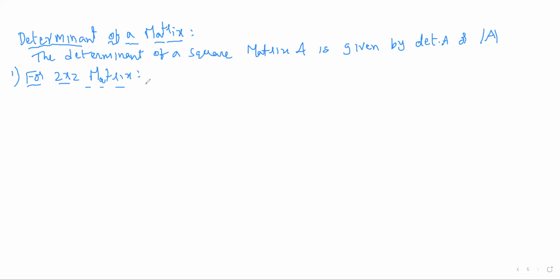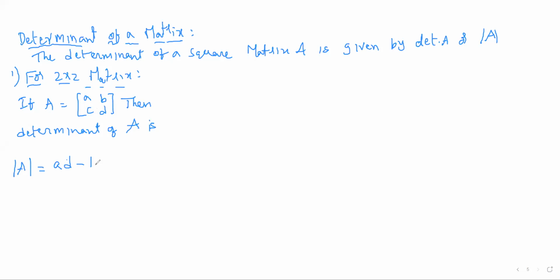If capital A is equal to the matrix with rows a, b and c, d, then the determinant of capital A, det A, is given by simple cross multiplication: ad minus bc.